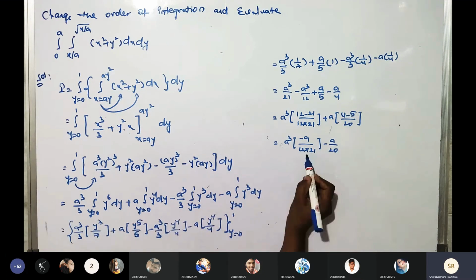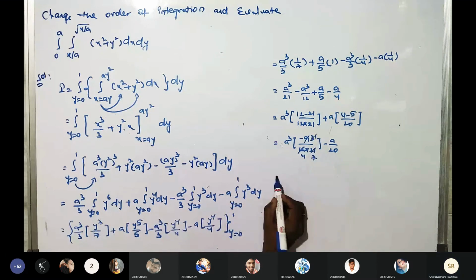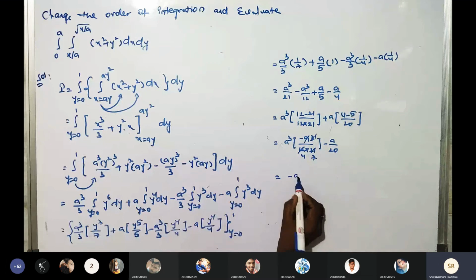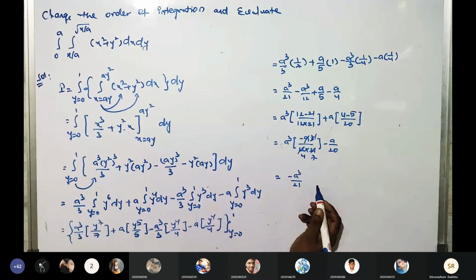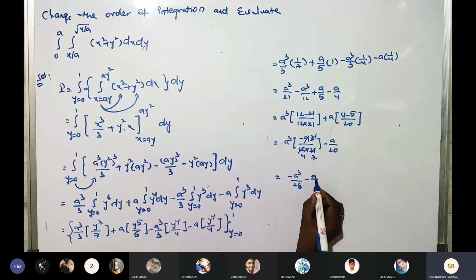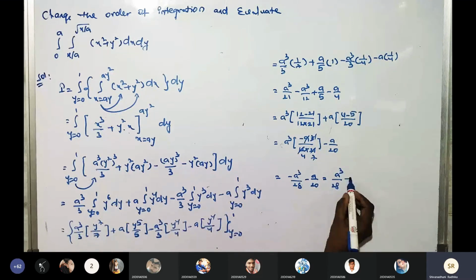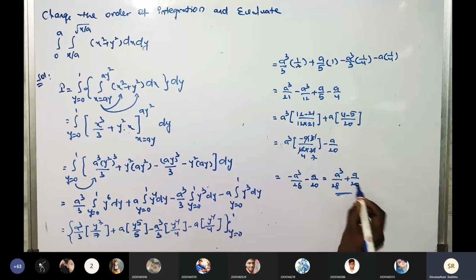Here what is this value? This 9: 3 threes are 9, 3 fours are 12, 3 sevens are 21. Minus a cube by 28, minus a by 20. So this is the integral. We are going to change this minus into plus. A cube by 28 plus a by 20 is the answer.